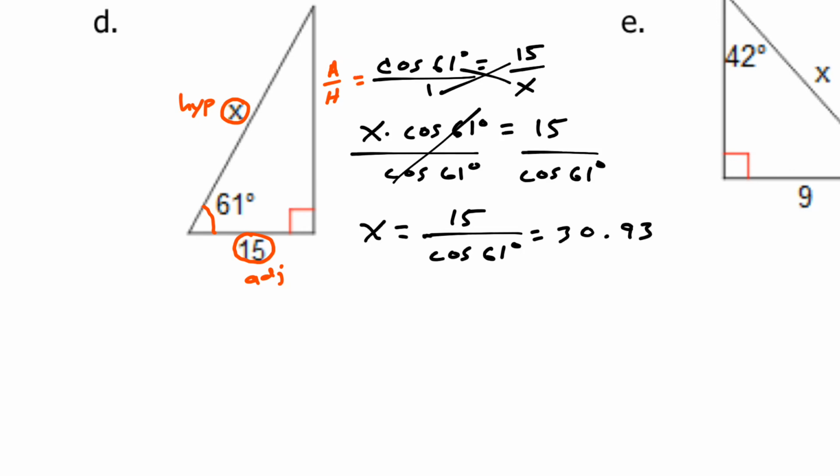But again, we're going to round off to the nearest tenth here. Since this digit is less than 5, I'm going to leave the tenths digit alone. So my final answer on this one is x equals 30.9. All right, so that's the length of my hypotenuse on part D.